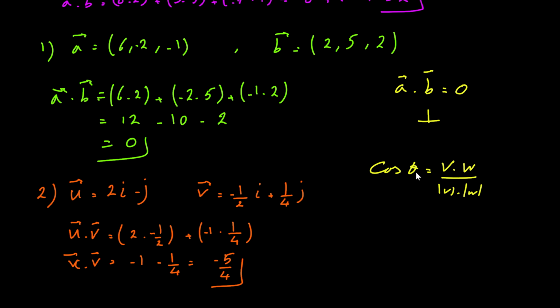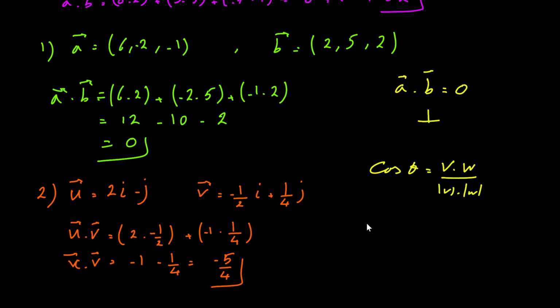The angle of 0 gives us a cosine of 1. So the numerator and the denominator have to be equal to give us a value of 1. The cosine of 180 degrees is -1. So they need to have the same value, opposite signs.